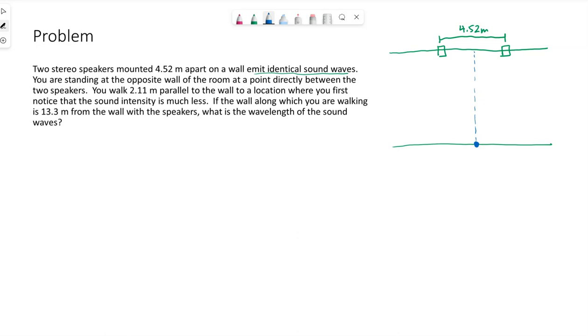All I know is that I go 2.11 meters in either left or right. So this is where I am now. And at this location, this is where we first notice that the sound intensity is much less. Meaning, this is the first destructive location.